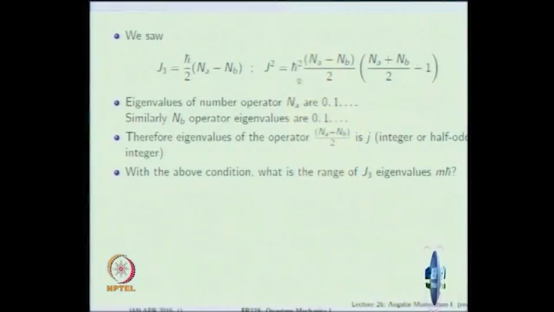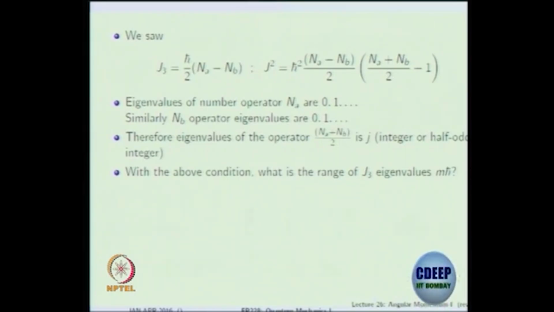What is the eigenvalue of J squared? h cross squared j into j plus 1, which is exactly what you have studied. And the range of m comes natural. It goes from minus j to plus j. So m explicitly is half the difference between the two number operators, and similarly the j in the J squared eigenvalue is half the sum of the number operators.